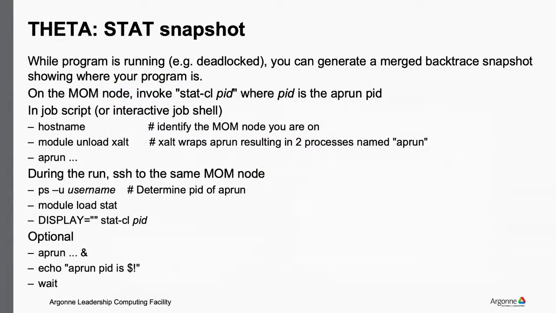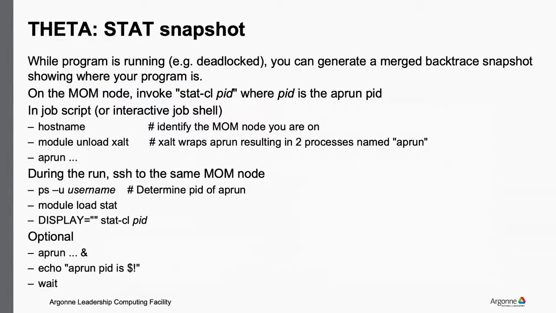So the way to do that is you need to SSH onto the same mom node where your job is running. If this is a job script, then in your job script, you should put a hostname command, which will let you know which mom node your job script is running on.